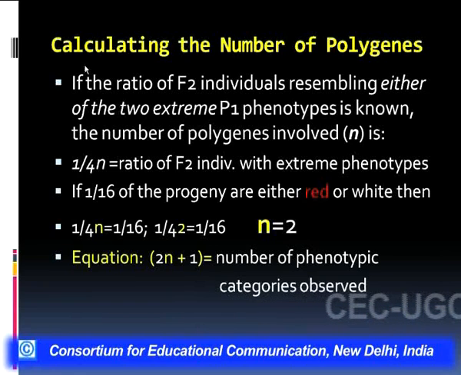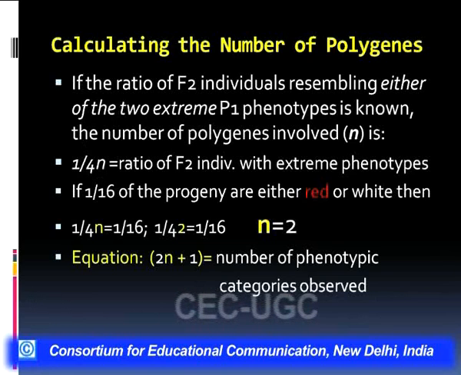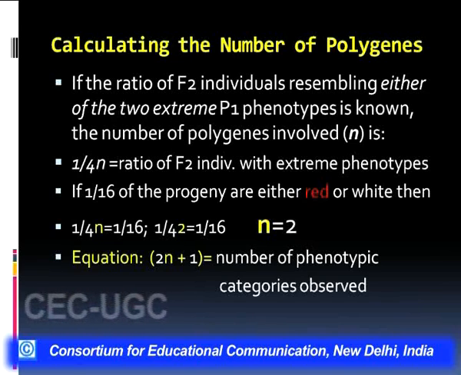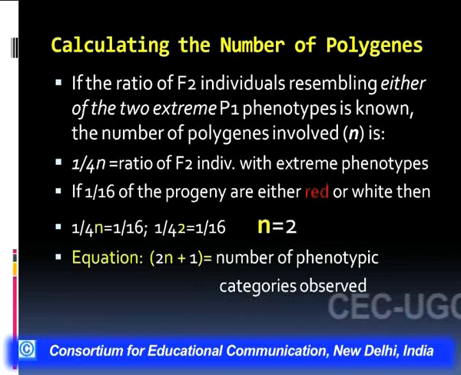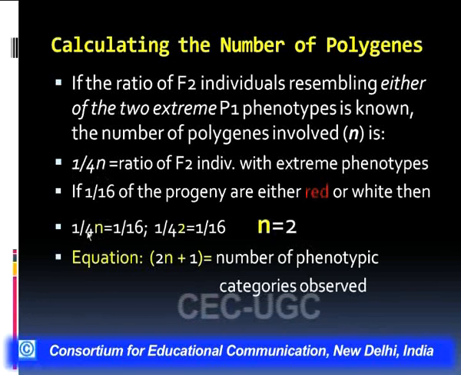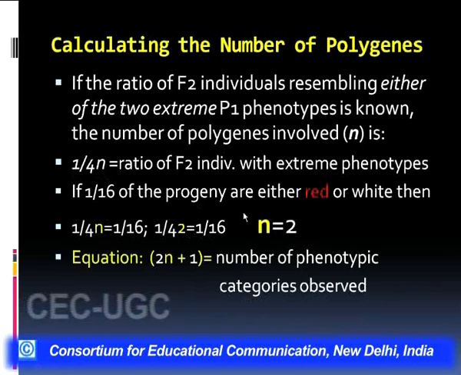So, for example, if we have 1/4 to the power n, we want to know the value of n, and that means the extreme phenotypes are 1/4 to the power n, and if we have 16 progeny altogether and 1/16 is red and the other 1/16 which forms the other extreme is white, that means according to the formula, 1/4 to the power n would be equal to 1/16. So, the value of n would come out to be 2.